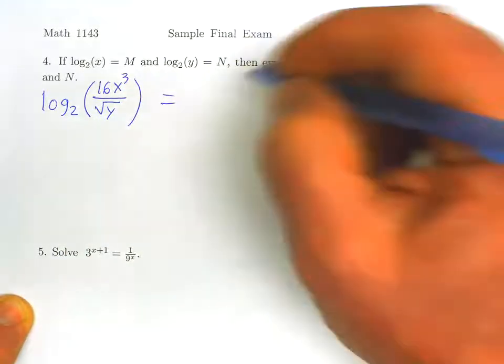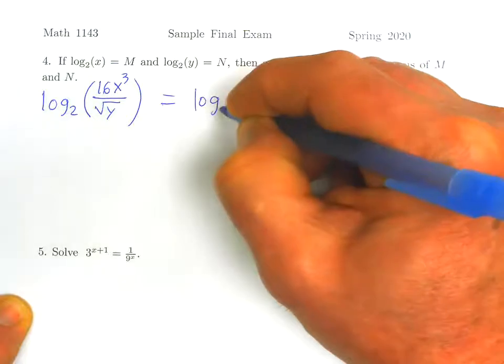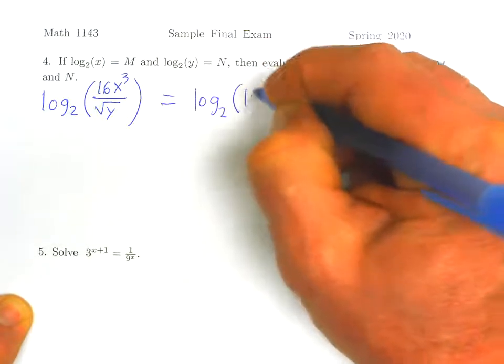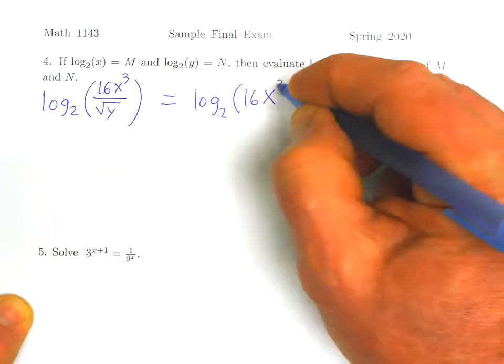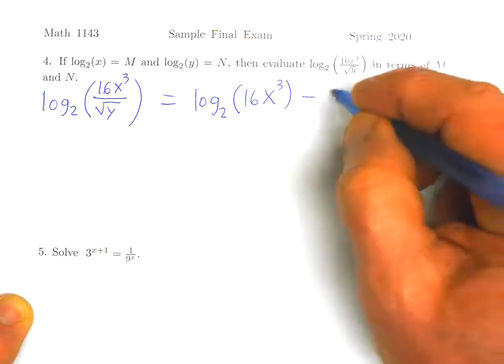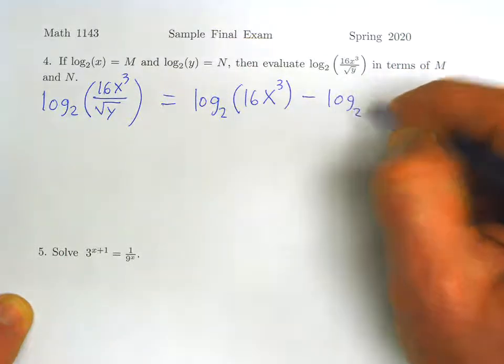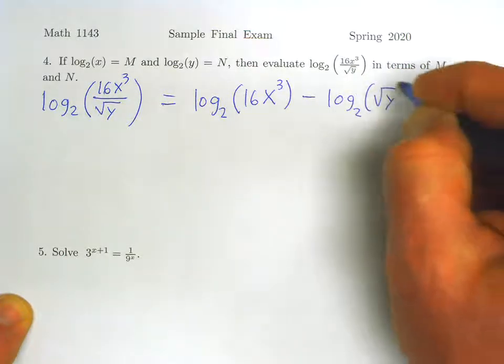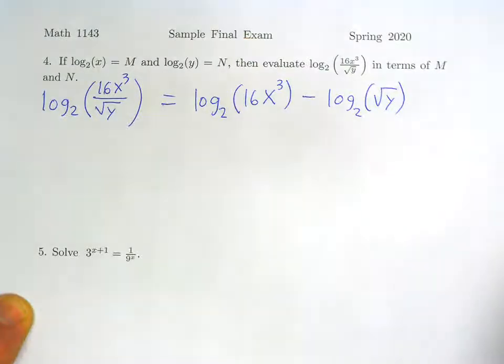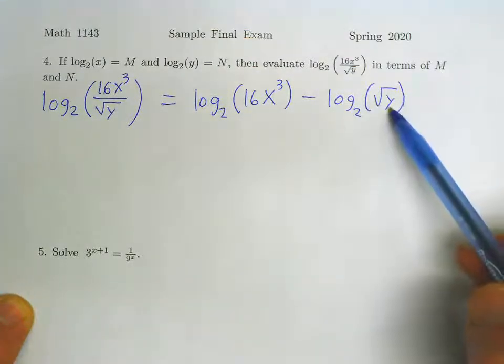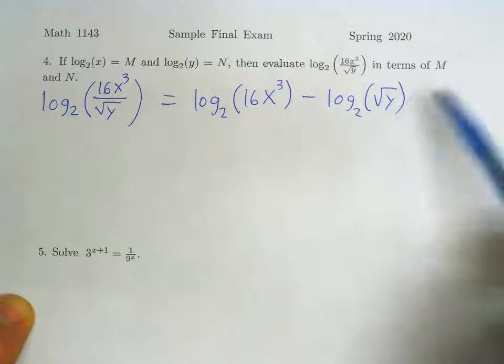So we can write this as the base 2 logarithm of 16 times x to the third minus the base 2 logarithm of the square root of y. The square root of y is y to the 1/2. We'll do that in the next step.